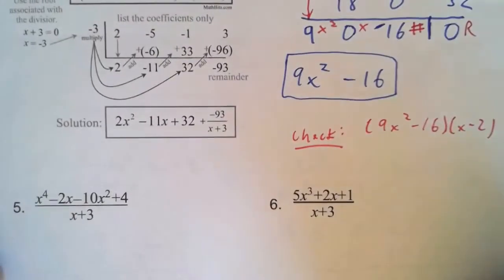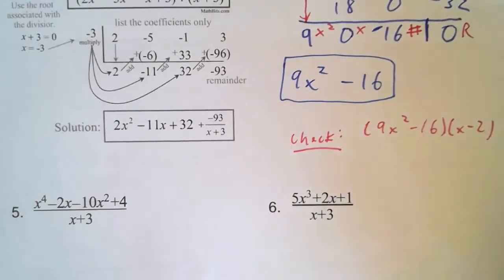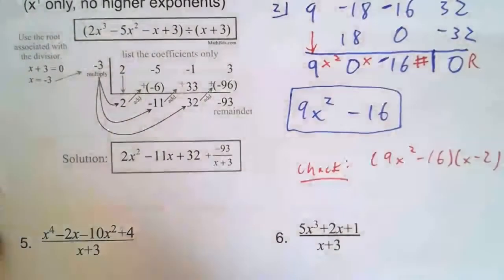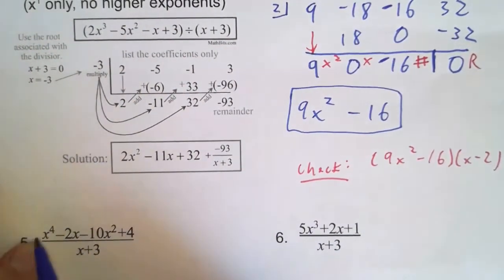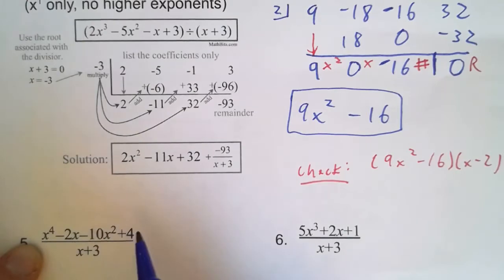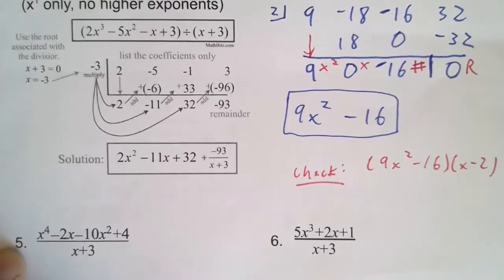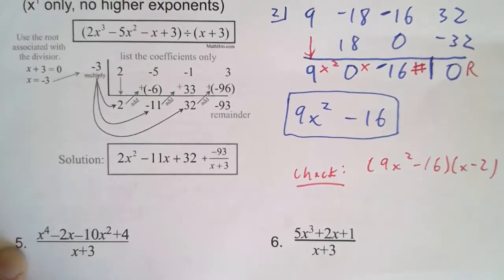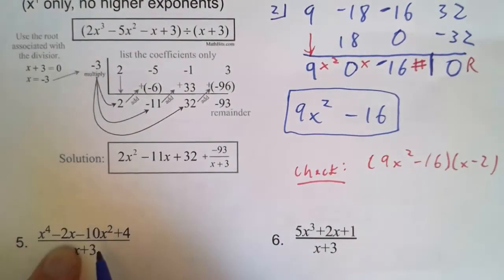All right, now take a look at number 5. There's a couple things a little tricky about number 5. See if you can take a look at this polynomial and see if you can tell why this one's going to be a little bit trickier. There's a couple weird things about it. Well, first of all, hopefully some of you guys noticed these terms are out of order, right?